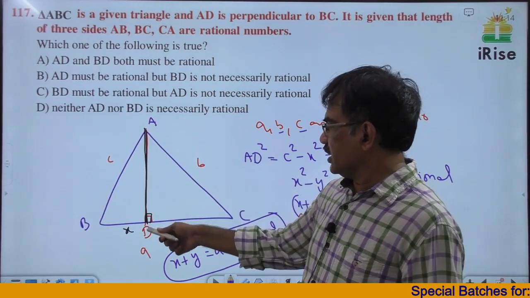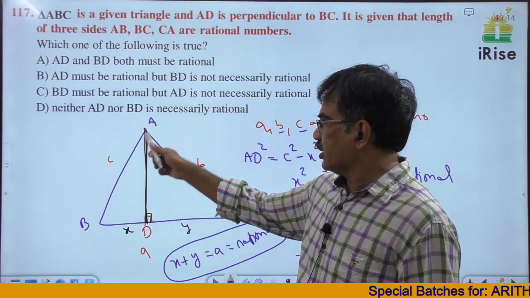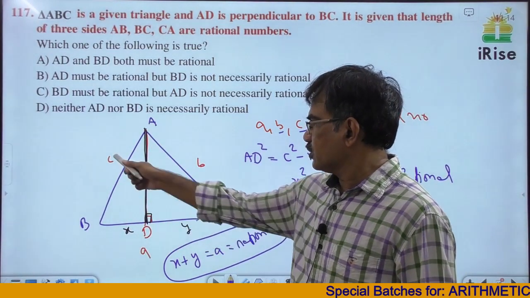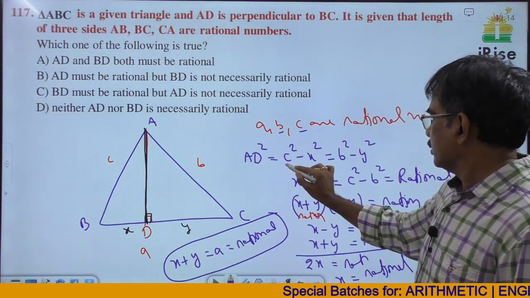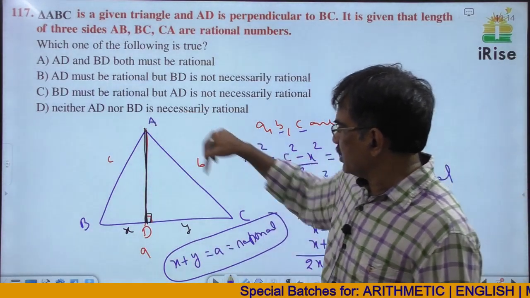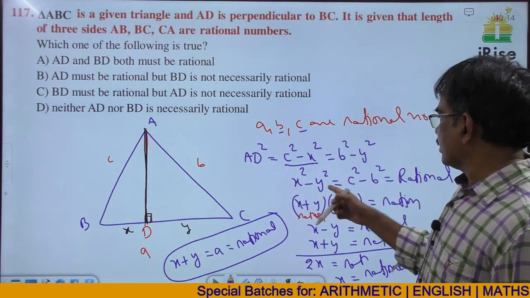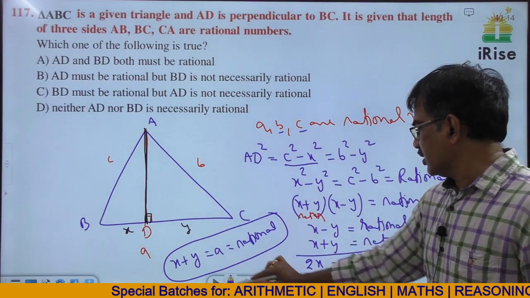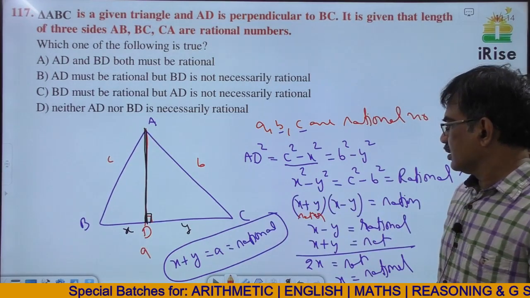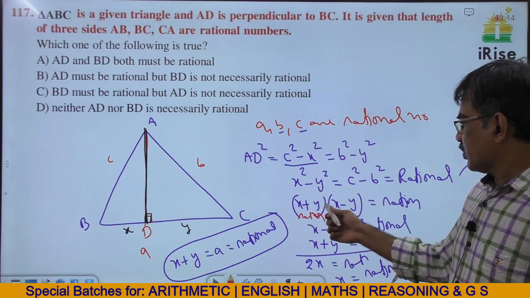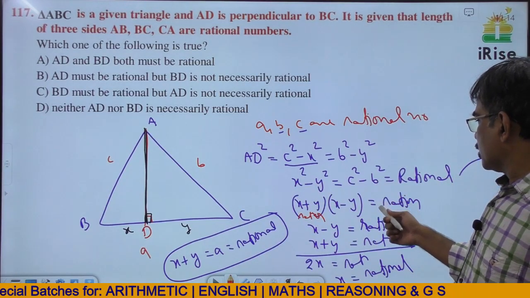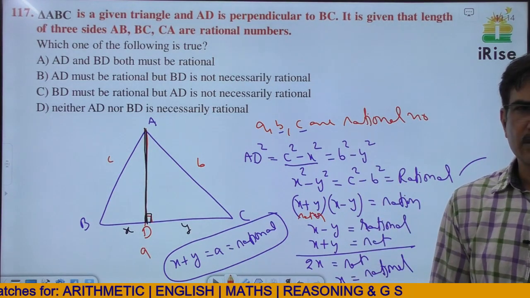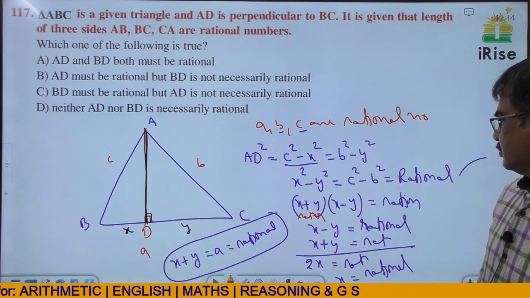Here AD is perpendicular to BC. According to Pythagoras theorem, AD square is equal to C square minus X square. Similarly, B square minus Y square. From this, X square minus Y square is equal to C square minus B square, which is a rational number. And this can be written as X plus Y into X minus Y. C is rational, so C square minus B square must be rational.